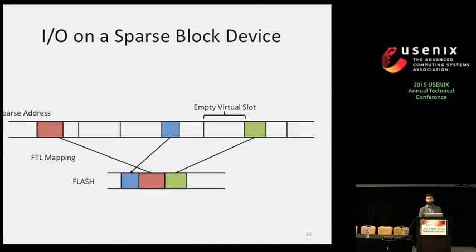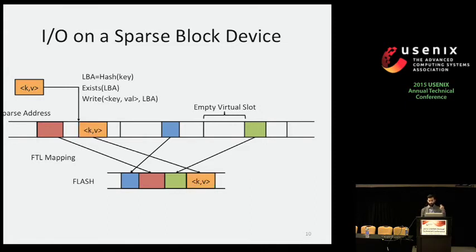So if we were to insert a new key-value pair, say this one, basically what we do is just hash the key, and we obtain a logical address. And then followed by that, we ask the FTL, do you have anything in this virtual block? If the answer is no, we issue a write to that address, in which we write both the key and the value, and the FTL is in charge of making the mapping.